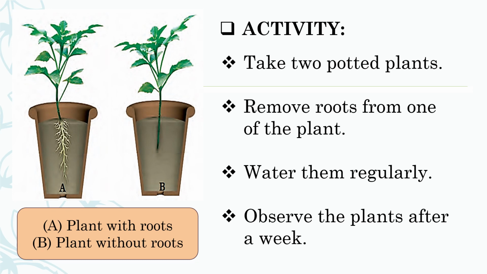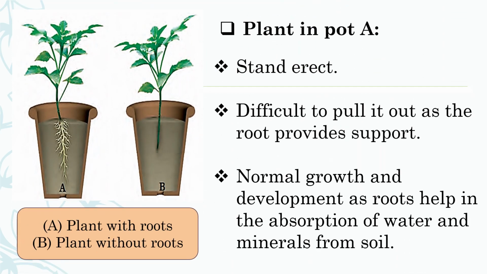After that, you have to water the plants regularly for 1 week and then observe the plants after a week. Both the plants are watered regularly, but one is without roots, isn't it? What do you think? Which plant will be healthy?